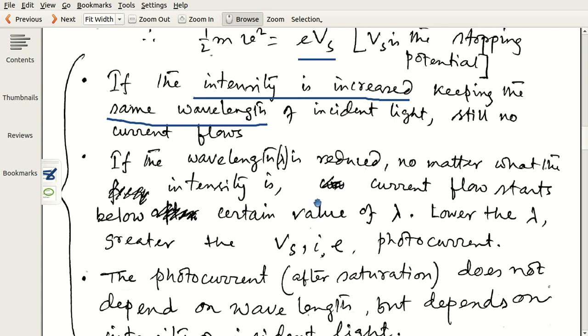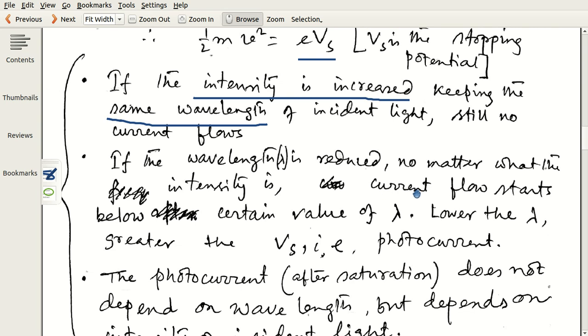For this part, go to the previous original picture. C is connected to the negative terminal. Now your wavelength is high, say red light, and you see that no current is flowing.